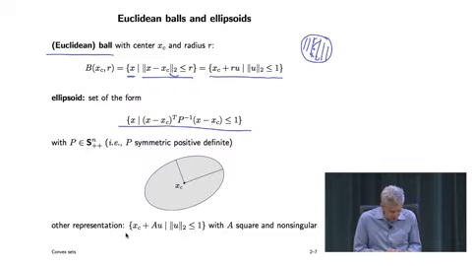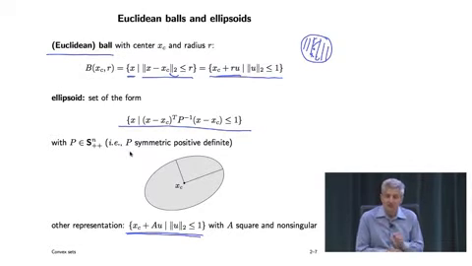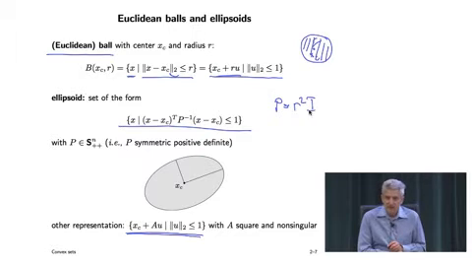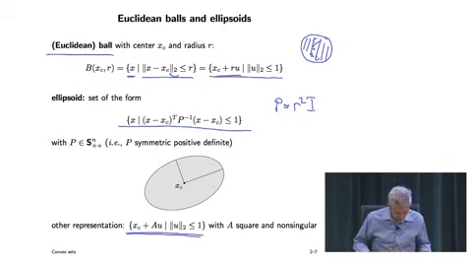And there's definitely a corresponding representation, just like this. Oh, I should mention the following. If I take P equals r squared I, then that's an ellipsoid, but it's also a Euclidean ball. So this is a generalization.